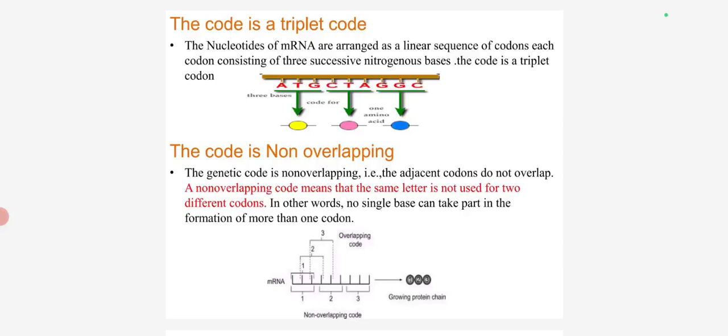For example, A is used for only one codon and does not overlap with the adjacent one. In other words, no single base can take part in the formation of more than one codon. The picture shows the mRNA arranged as nitrogenous bases, each three indicating one amino acid, not overlapping with each other.